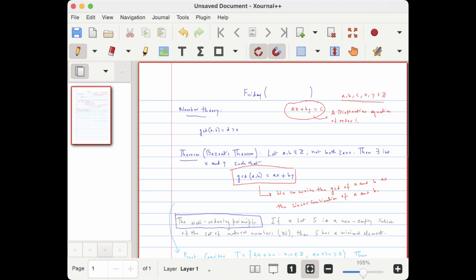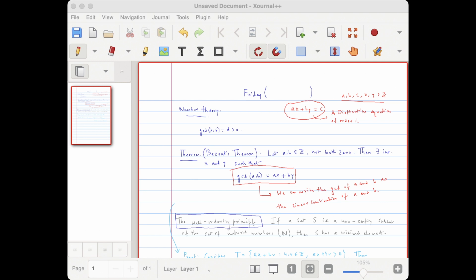Now, let us think about that. If T has a minimal element, then what does it actually mean? Let's give it some time to sink. Why is it non-empty and so on? We have done it previously in the division algorithm. Why is the set non-empty?